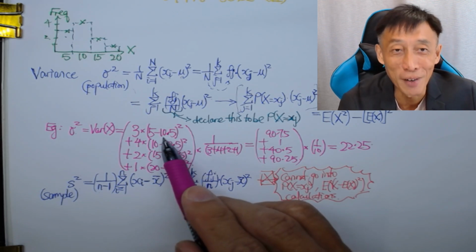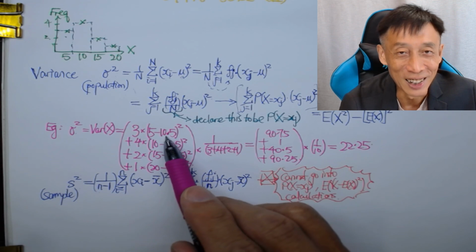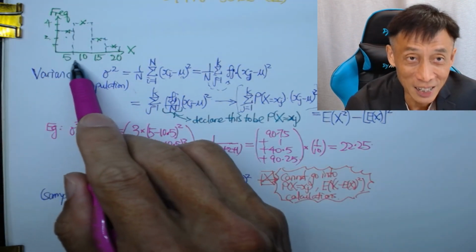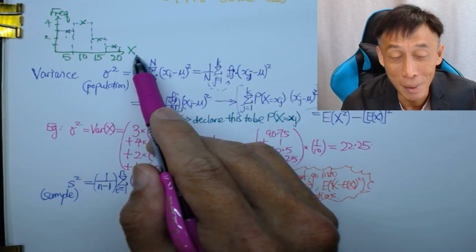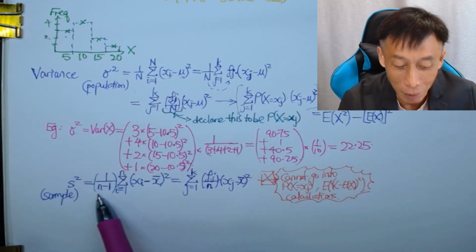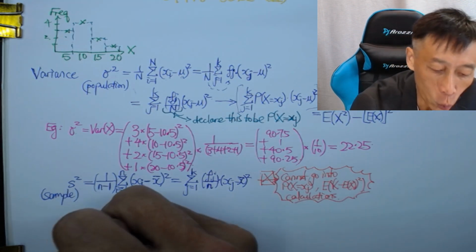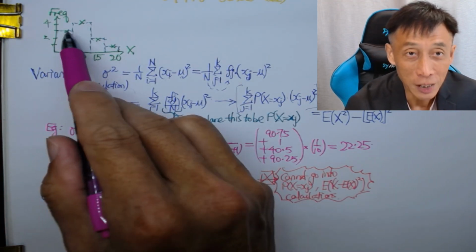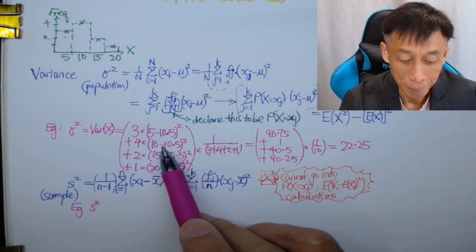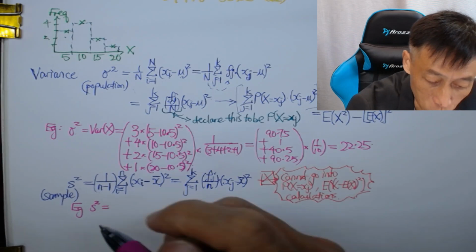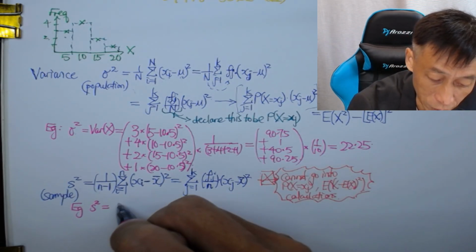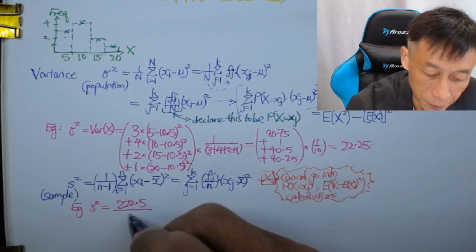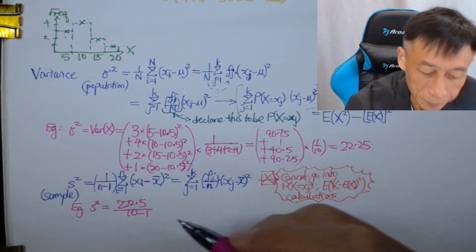The mean 10.5 happens to be also the sample mean, because if we treat the data here as a sample, remember, we don't know mu now, we are doing S square now, right? So the 10.5, if we number crunch through, will be the same. It will be equal to this whole thing, which is 222.5 over 10 minus 1. This one.